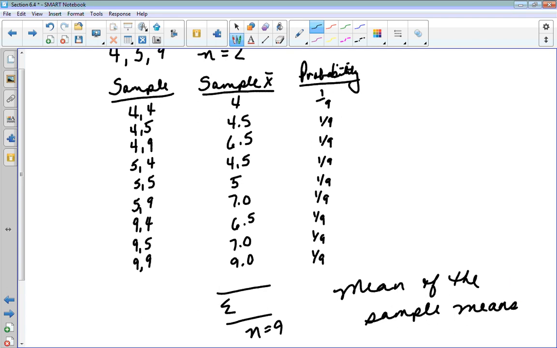So let's go ahead and pull up our calculator here. We can add them up by hand. We could put them into list 1. My calculator might be finicky here on coming up.